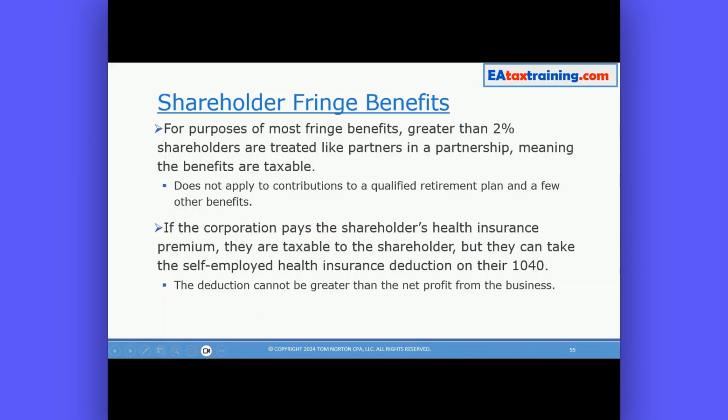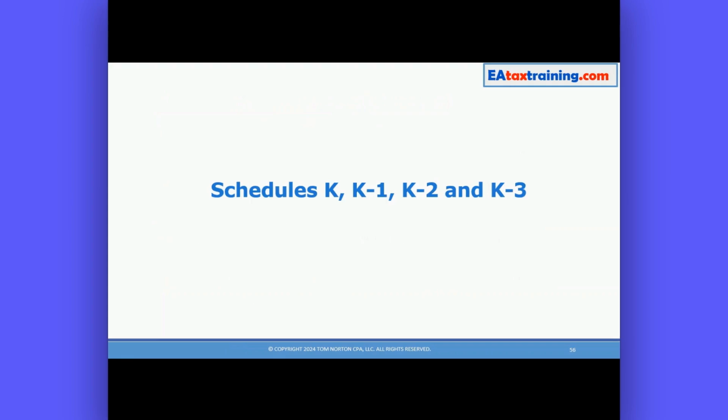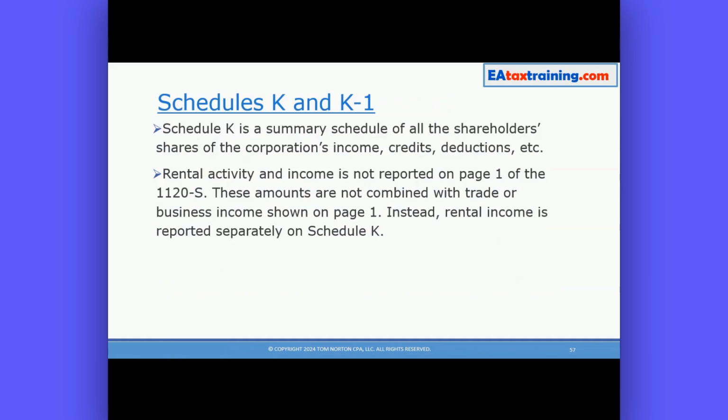their health insurance premiums. Now let's talk about Schedules K, K1, K2, and K3. This is going to be very similar to the partnership conversation that we had. Schedule K is a summary schedule of all the shareholders' shares of the corporation's income, credits, deductions. So Schedule K is done at the corporate level.